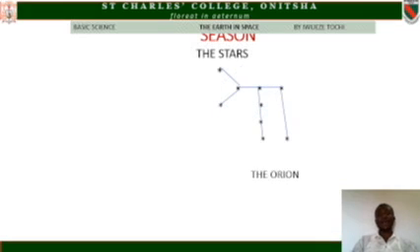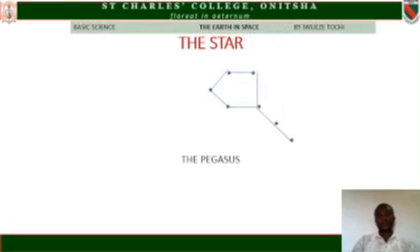That one is the Orion. Look at how the diagram looks like. The diagram of Orion is also different from that of Scorpius and the other. So you have Pegasus. It's also different from other type of stars.